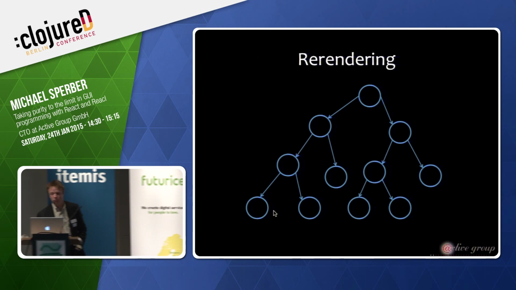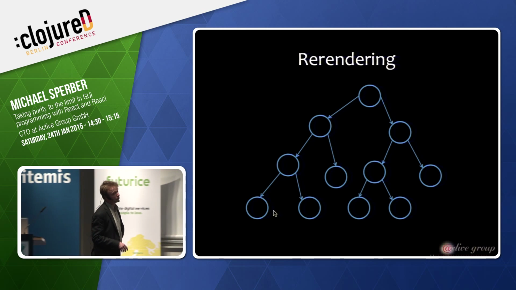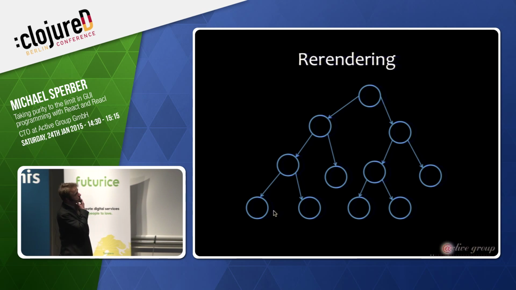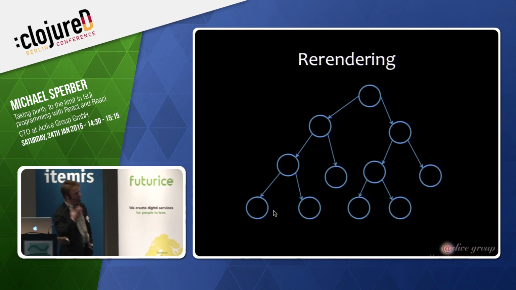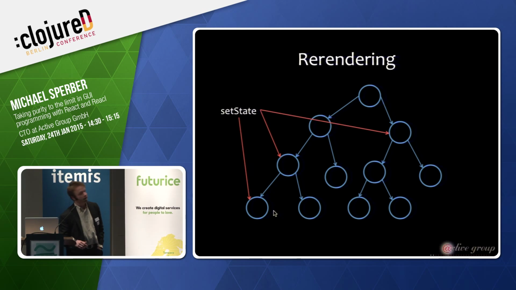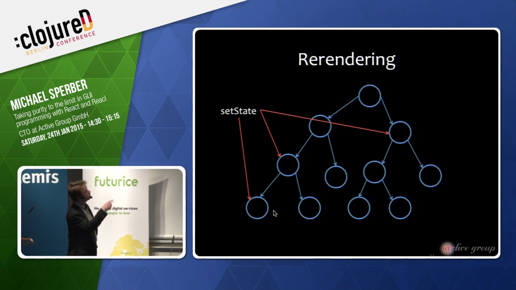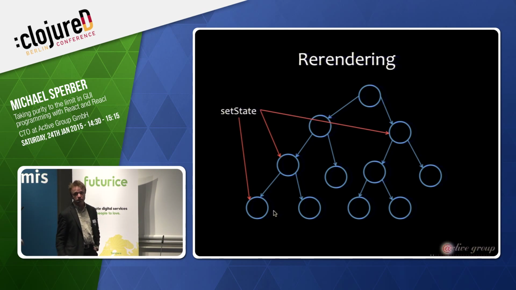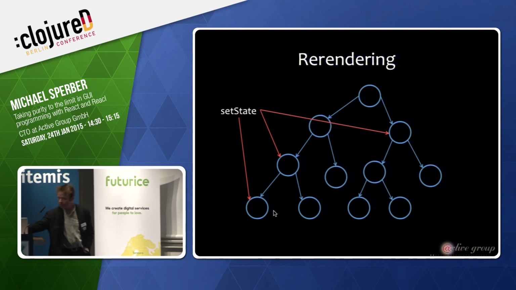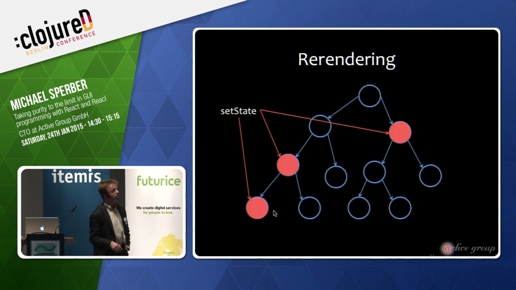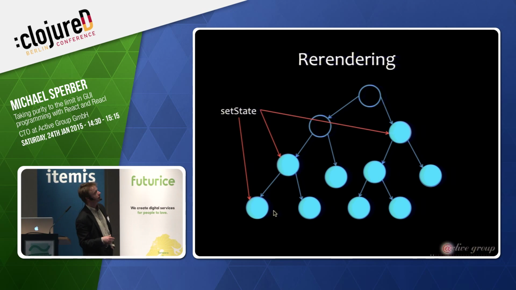And so the way it works is, here's your component tree. Then something happens, somebody pushes a button, and that leads to set state being called on several components. Of course, that means that these components are going to have to be re-rendered. If those components have to be re-rendered, their subcomponents have to be re-rendered.